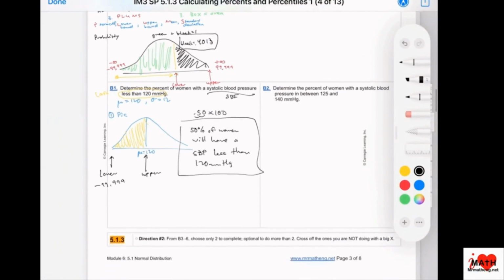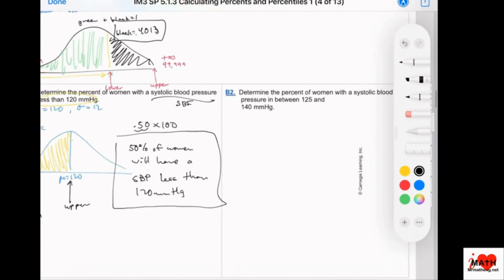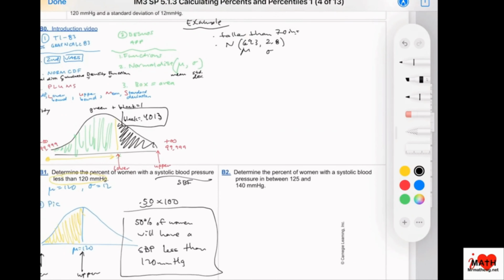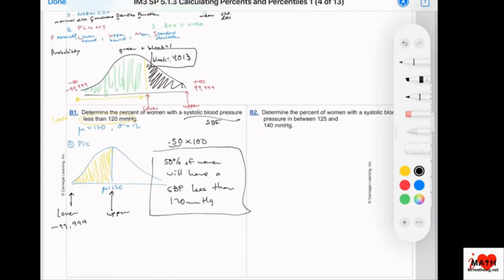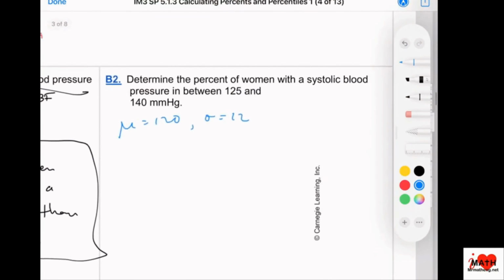B2, again, our directions from above, we have a mean of 120, standard deviation of 12. Let's determine the percent of women with a systolic blood pressure between 125 and 140. Let's do the same thing, draw our picture.